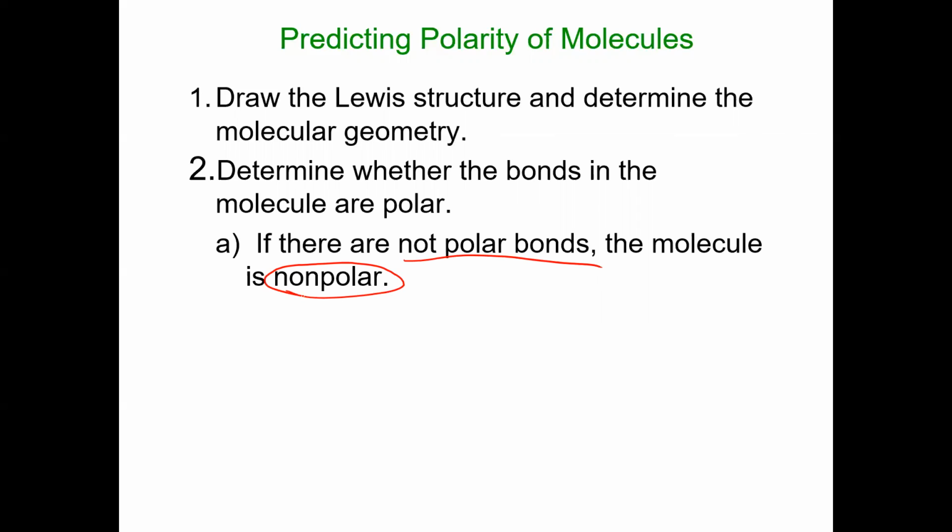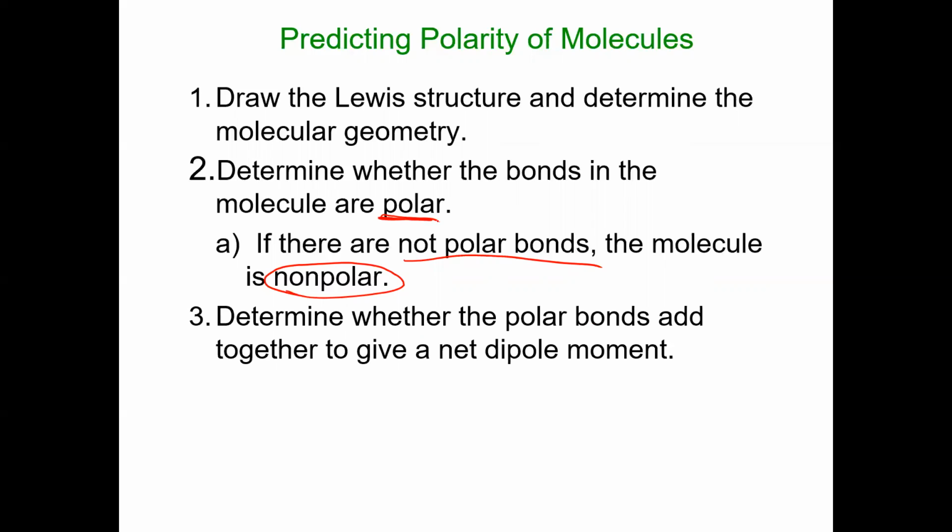So that's the first thing. Does the molecule have polar bonds or nonpolar bonds? If all the bonds are nonpolar, this is going to be a nonpolar molecule. But if it does have polar bonds, you have to look to see if the dipole moments cancel out.